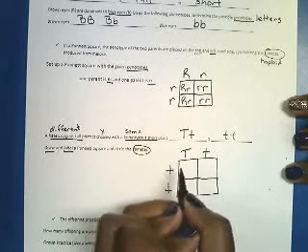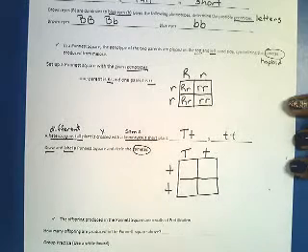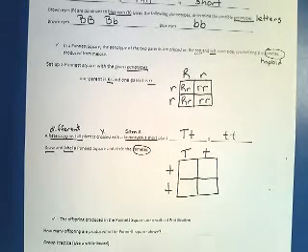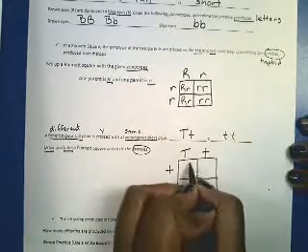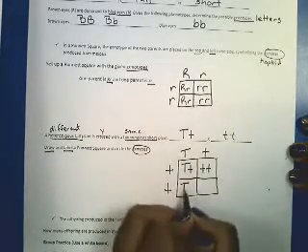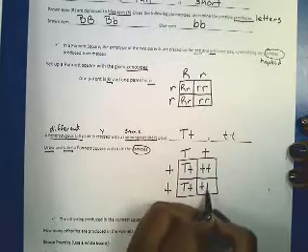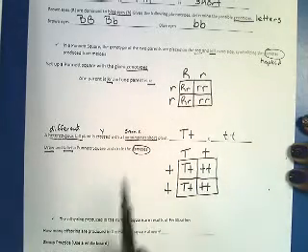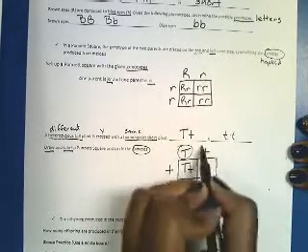Then all we have to do is cross it. You try it first. Okay, so you should have big T, little t, little t, little t, big T, little t, little t, little t. Then it says to circle the gametes. So these are gametes. There are 4 in total.